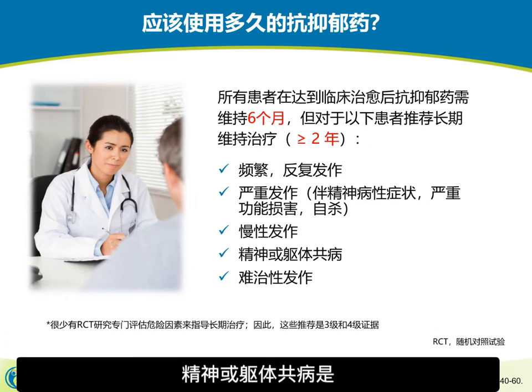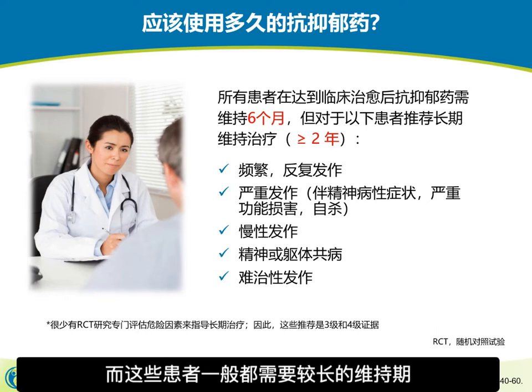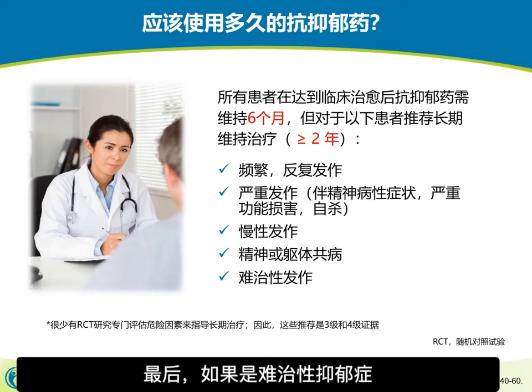Psychiatric or medical comorbidities is another risk factor for relapse, and those patients generally need a longer period of maintenance. And finally, if the depression has been difficult to treat, if it's taken a long time to get them into symptom remission, then they'll need to stay on the medication for a longer period of time.